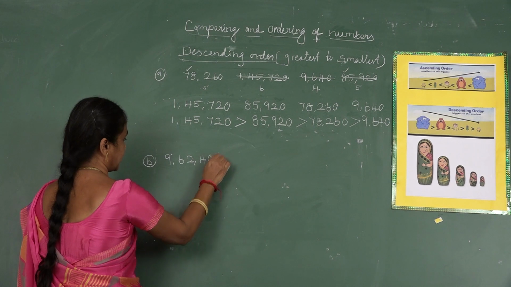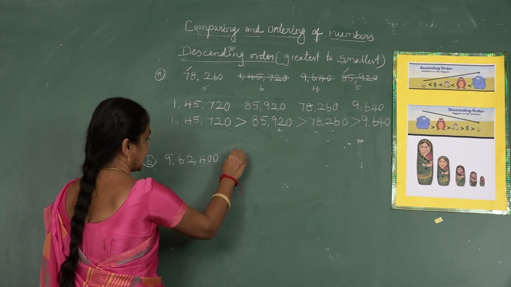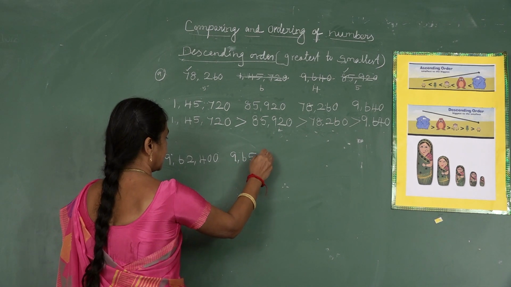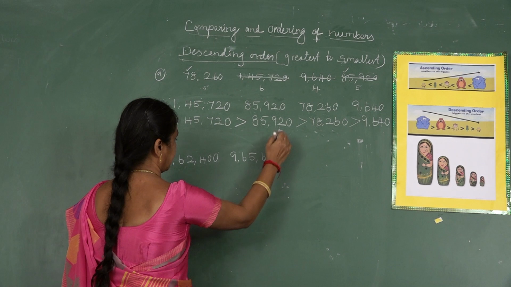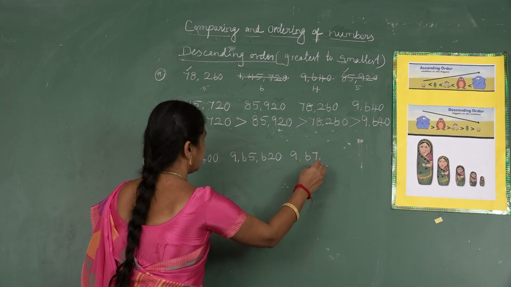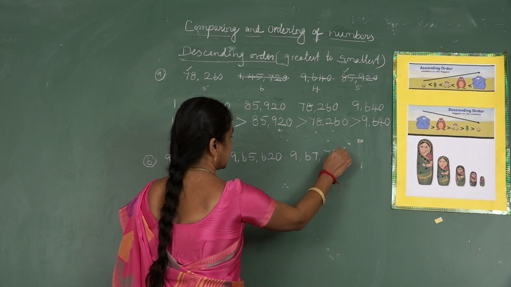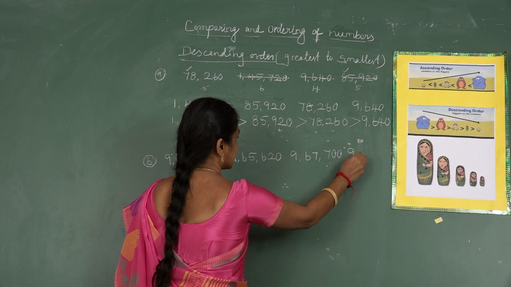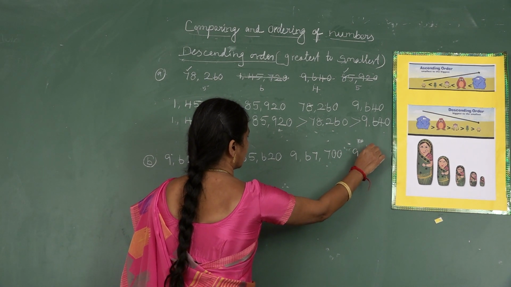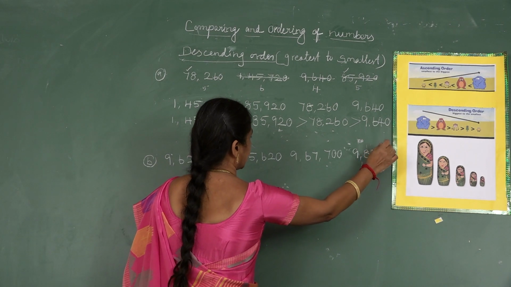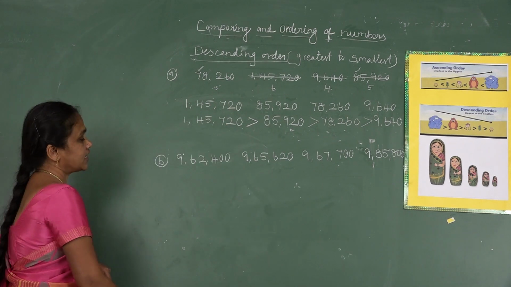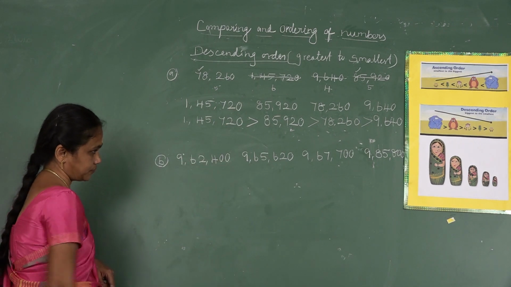9,62,400. 9,65,620. 9,67,700. 9,85,800. How do we write these numbers in descending order?